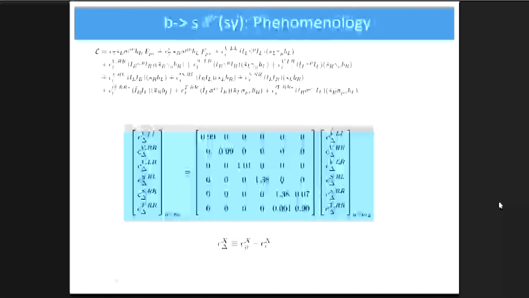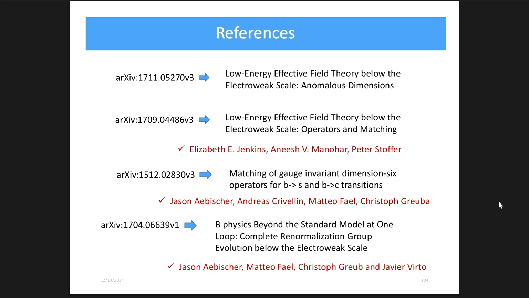Okay, so these are the references which I consulted to prepare this lecture. One is low energy effective field theory, the operators and matching, anomalous dimension matrix calculation by Manohar and his collaborators, and also specifically for B to S and B to C, the matching to this sector is by Christoph and his collaborators, and this is also by Christoph and his collaborators. So this is for the anomalous dimension matrix and all this.